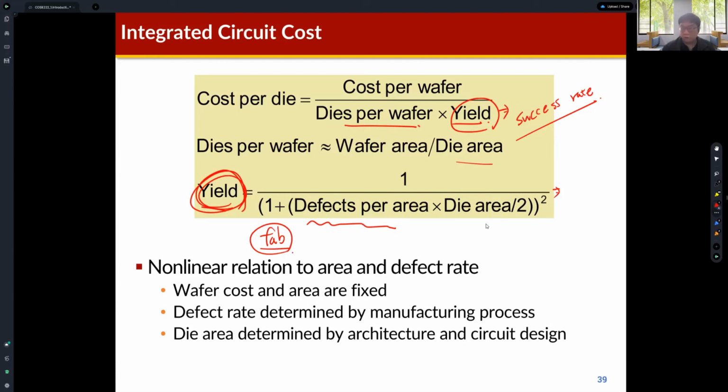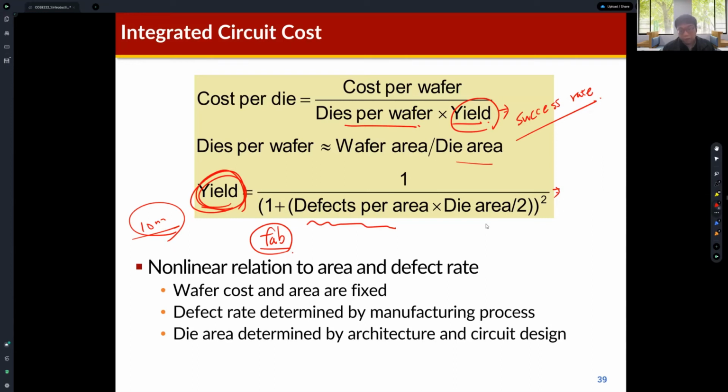There are two most popular fab companies in the world: one of them is TSMC, and the other is Samsung. Also, Intel has its own fab, but recently Intel is struggling to develop very advanced semiconductor technology. Intel is now using the 10 nanometer technology node, but recently TSMC and Samsung are using 5 nanometer or 7 nanometer technology nodes.